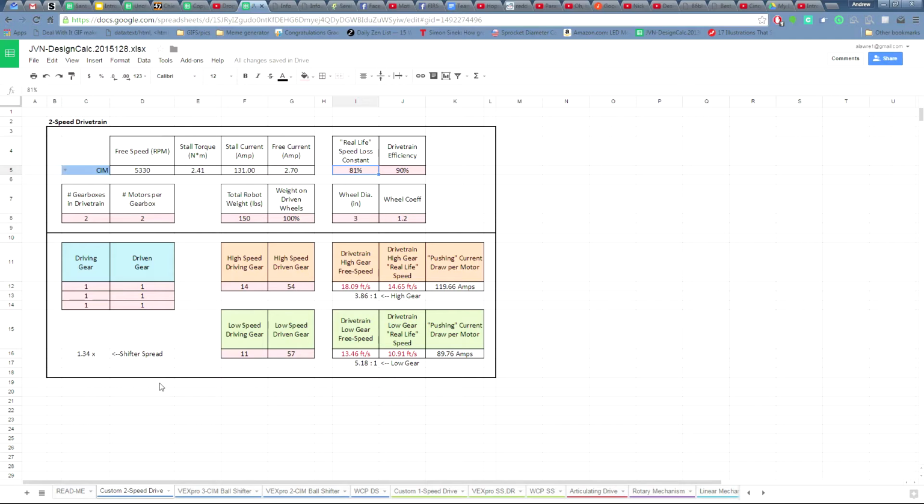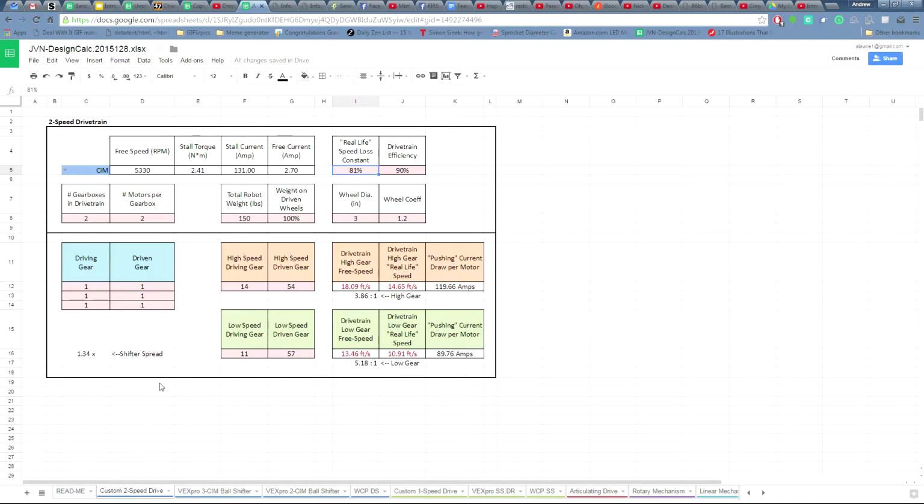So that's used to find, you take your mathematical outcome, whatever speed the math says you have, which we'll go over in a second, and that's going to be your ideal.